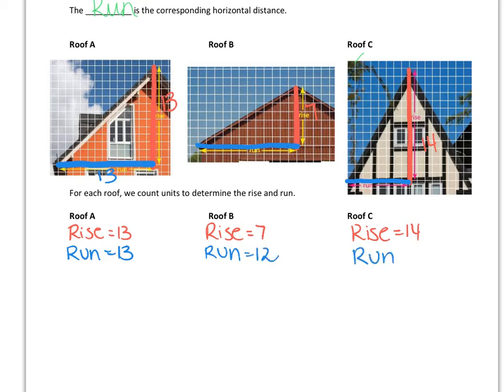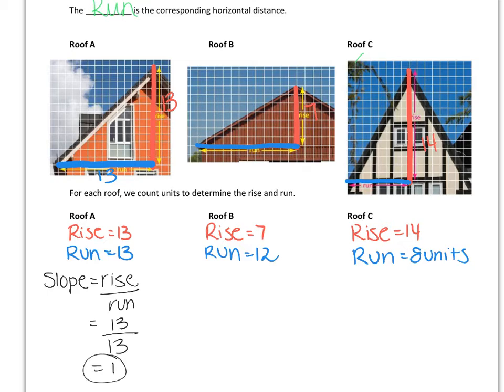And in roof C, the run is 8 units. So using our idea of the rate of change, the slope is rise over run. For roof A, the slope will be 13 over 13, which is 1.